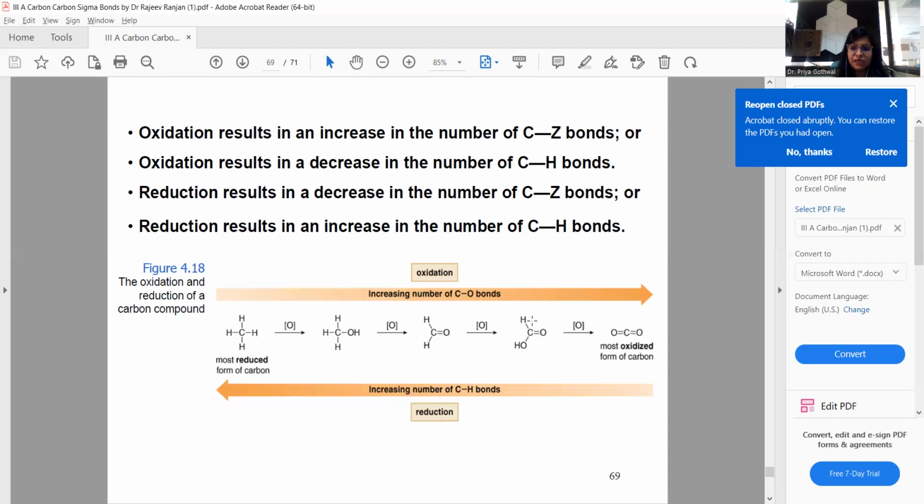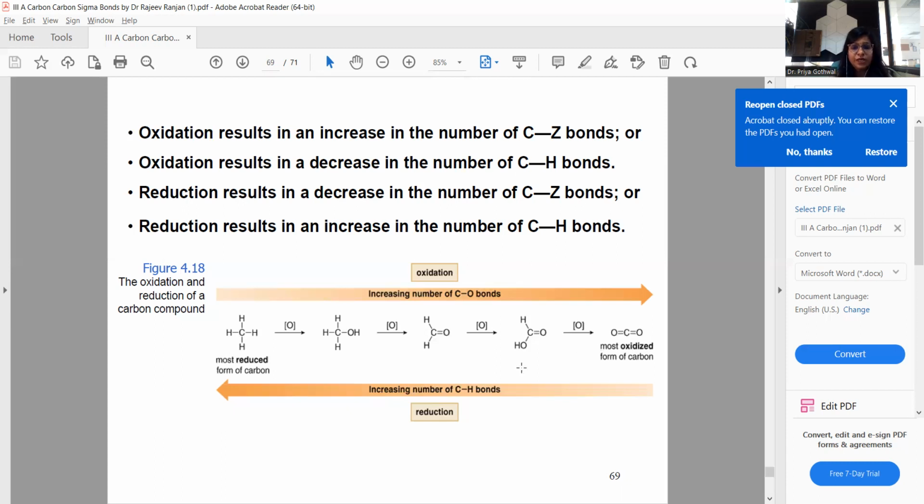Here we can see this is further oxidized through an oxidizing agent, depending on the reaction conditions and what kind of oxidizing agent is used. Finally it is oxidized to form carbon dioxide, where carbon is bonded with double bonds to two oxygens. This is the most oxidized form of carbon.